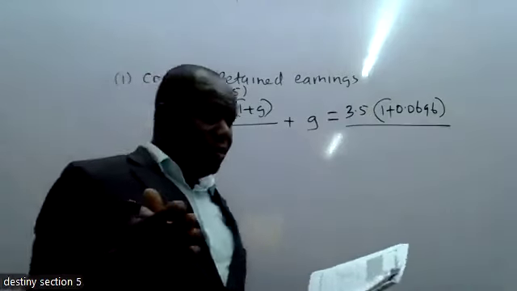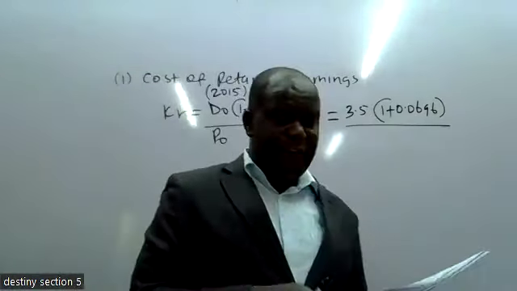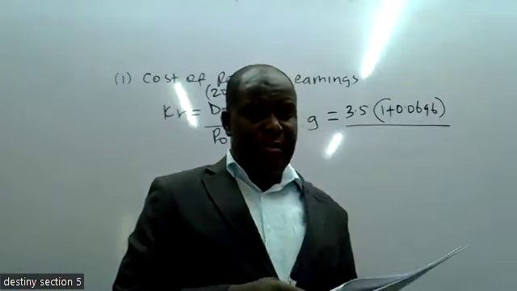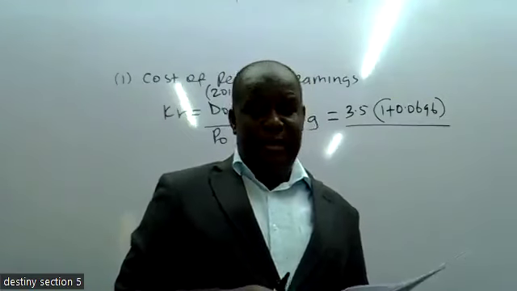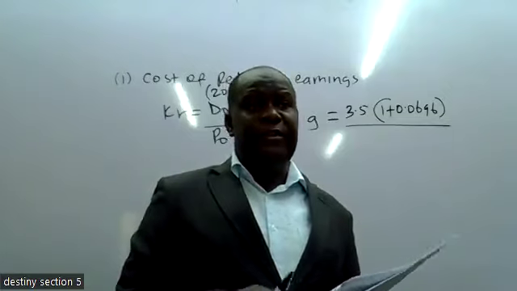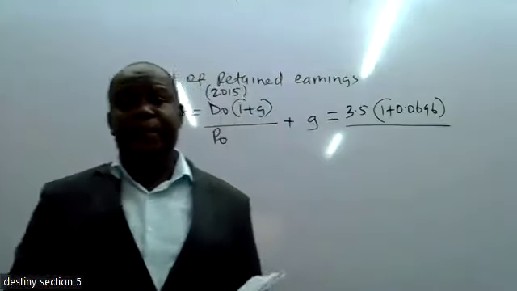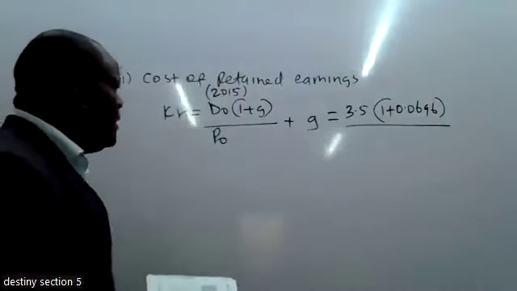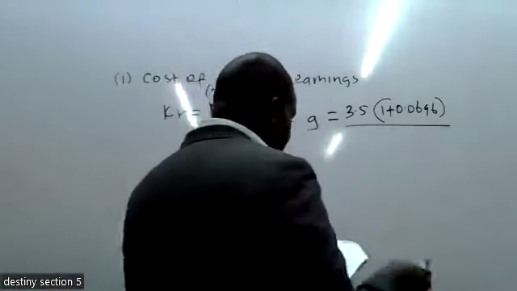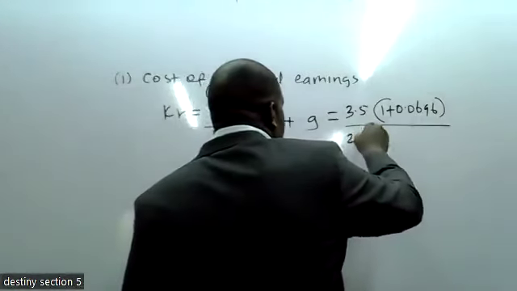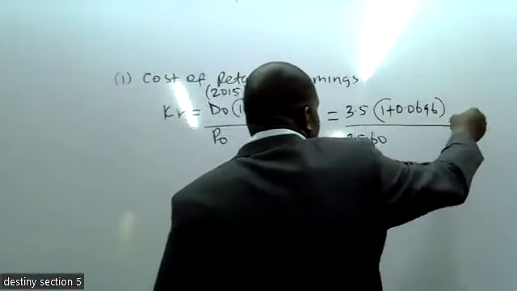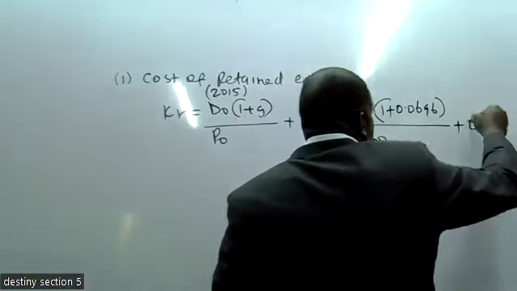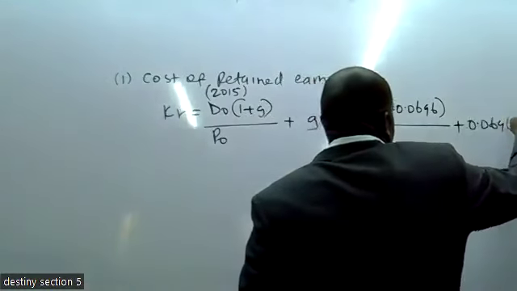So if you get a question where they give you something like 25.6, which is cum dividend, you subtract the dividend for the year 2015, the 3.5, before you use it. We always use ex dividend, not cum dividend. So we divide by P0, which is 25, then also add the g.